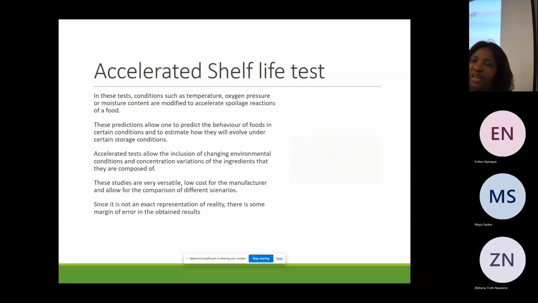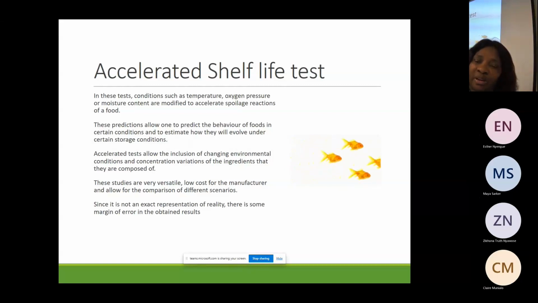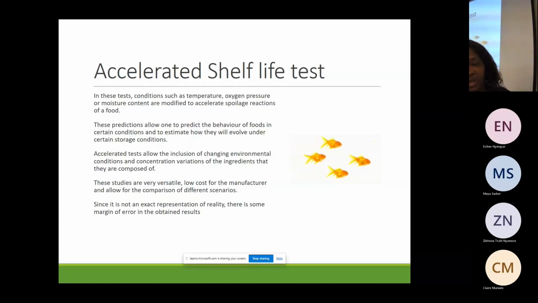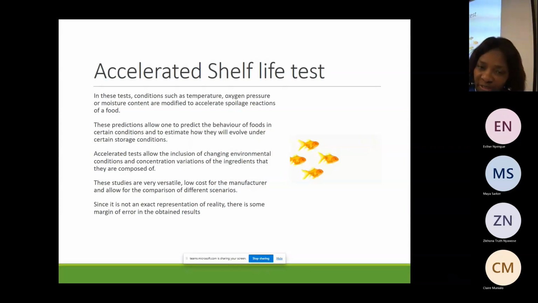So these products are put in an environment where the oxygen, the temperature, the moisture content, and also the environment in which you would see the microbes growing are regulated, and then they predict whether the product is going to have good quality after this, or whether it is going to deteriorate.